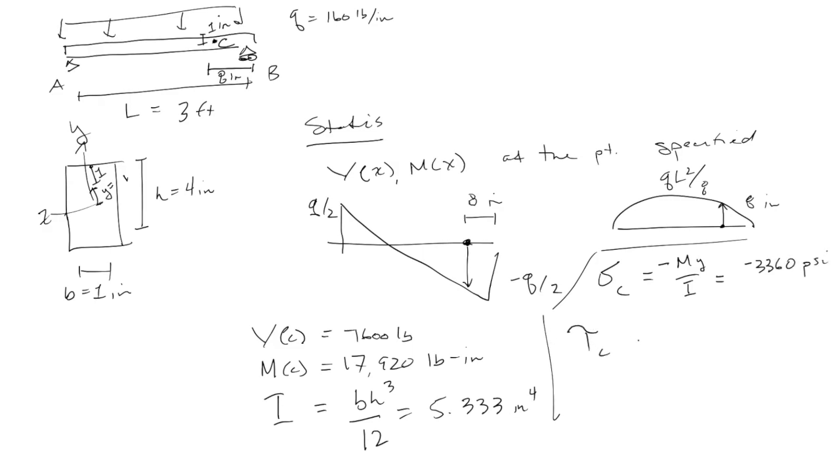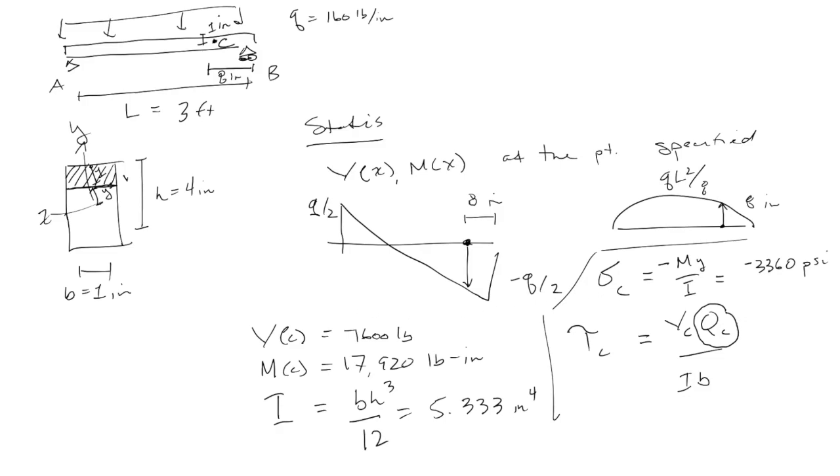Tau C is V at C times Q at C over I b. Except now we have to figure out Q C. Remember, Q C is going to be the first moment of area of this cross section above where we're measuring y.